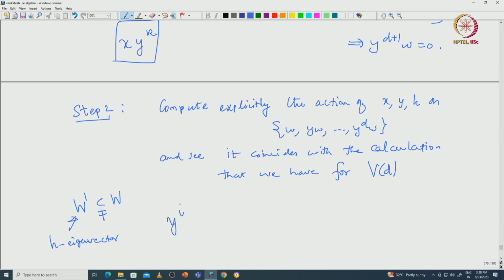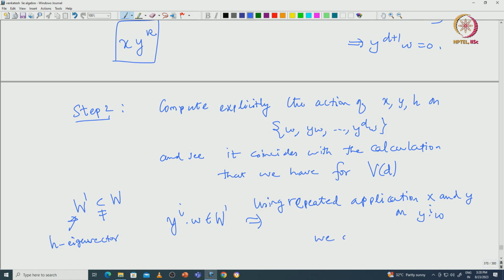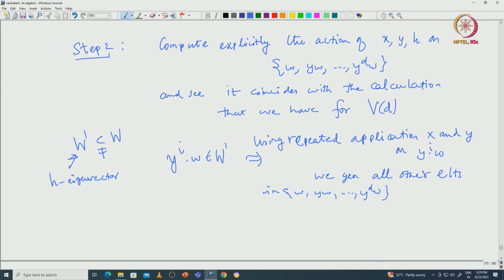For example, some y power i w will be inside w dash, but now from this, using repeated application of x and y on this y power i w, we get all other elements in this w, y w etcetera y power d w. So, that proves that this w dash must be equal to w.